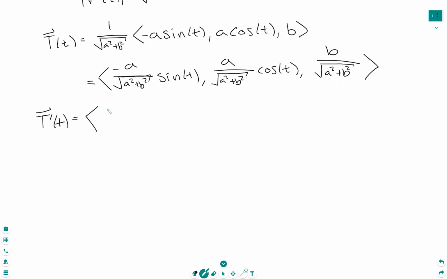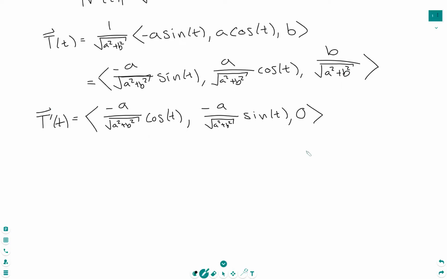Here we'll get a negative a over the square root of a squared plus b squared cosine of t. Here we'll get a negative a over the square root of a squared plus b squared sine of t. And here, this is still constant with respect to t, so this term is just 0.